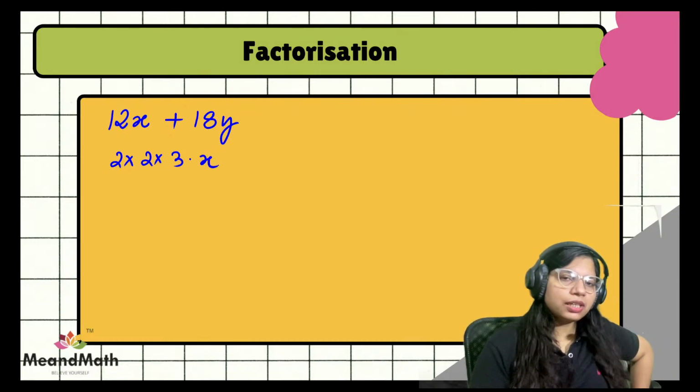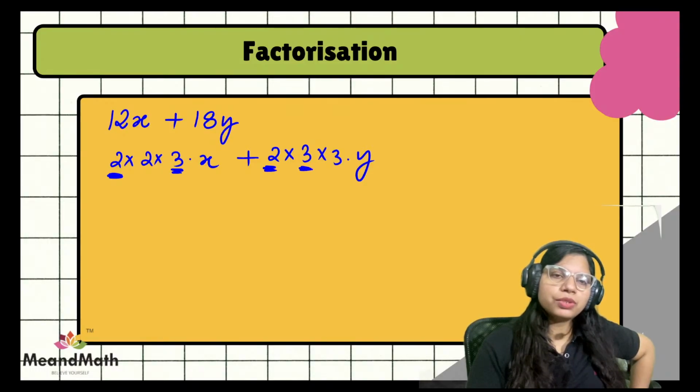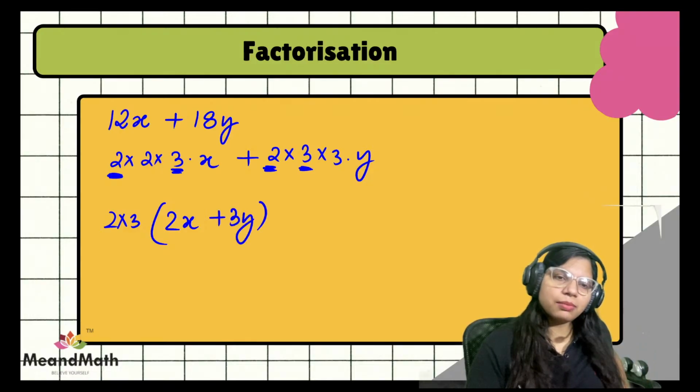The first we broke down; the second we break down as 2 times 3 times y. What's common? 2 is common, good, and 3 is common, good. So what is common we write outside, 2 times 3. Inside you are left with 2x plus 3y. 2 times 3 is nothing but 6.